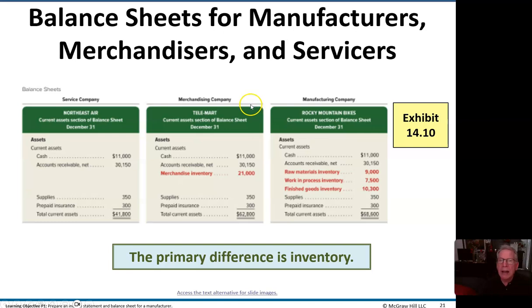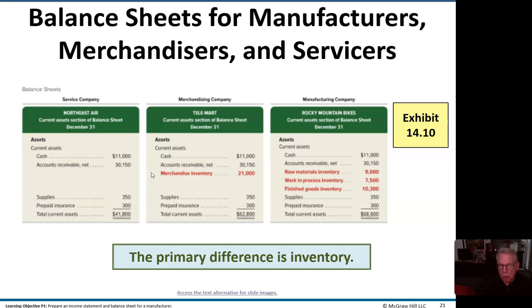So when we look at balance sheets for manufacturers, merchandisers, and services, here is a service company, Northeast Air, right? And you'll see that they don't really have anything that would be considered inventory. They do have some supplies, but generally speaking, service companies don't have inventories. But merchandising companies, in this case, Telemart, they do have merchandise inventory.